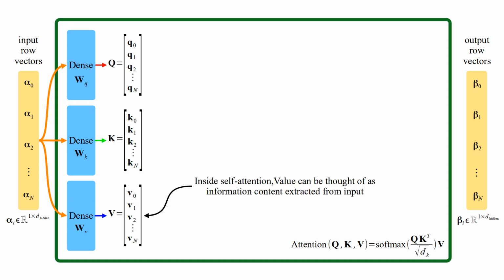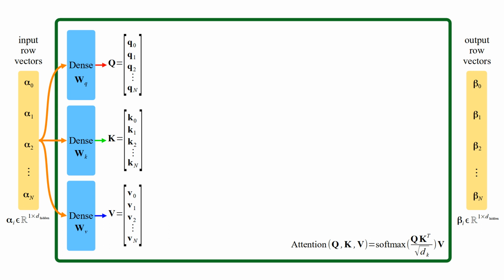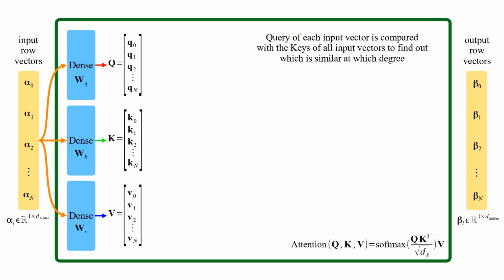Inside self-attention, value can be thought of as information content extracted from input. Query of each input vector is compared with the keys of all input vectors to find out which is similar at which degree.